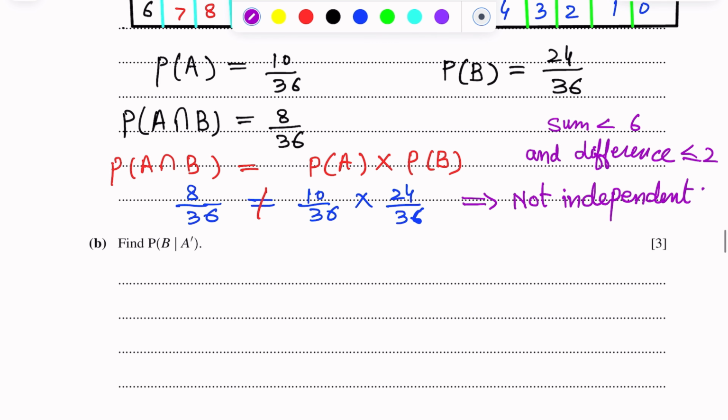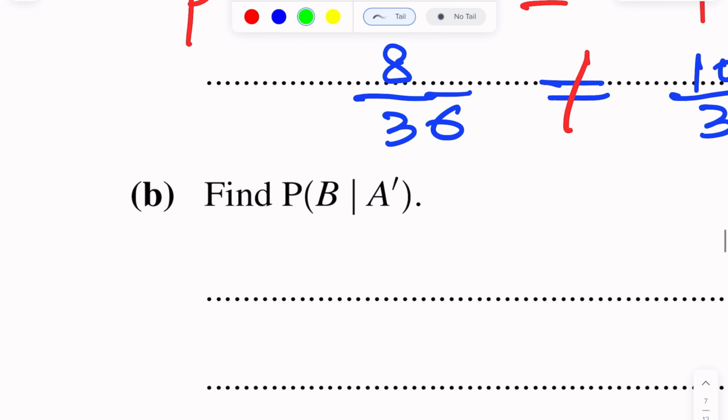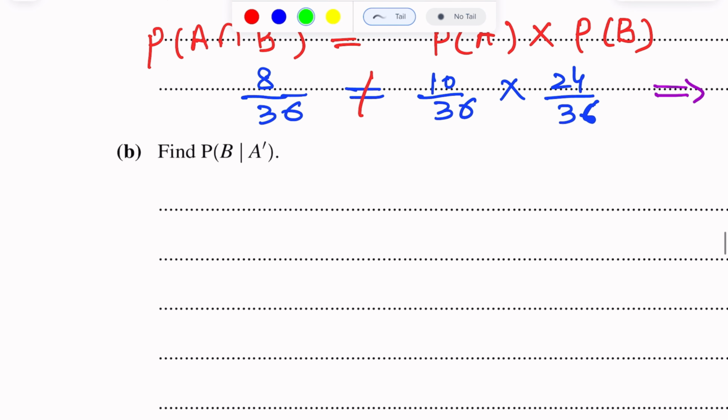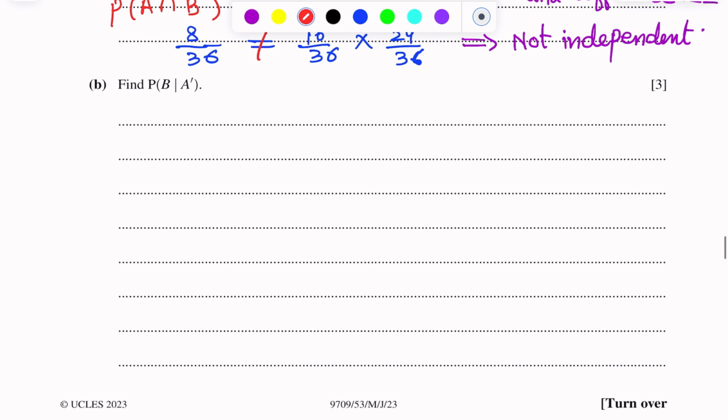Now the next part of this question is of conditional probability. Find probability of B given that A dash. This is the formula for conditional probability.